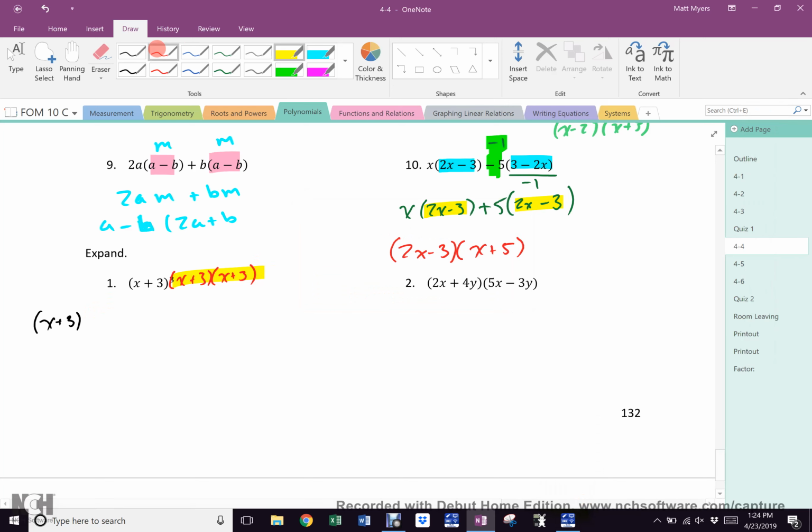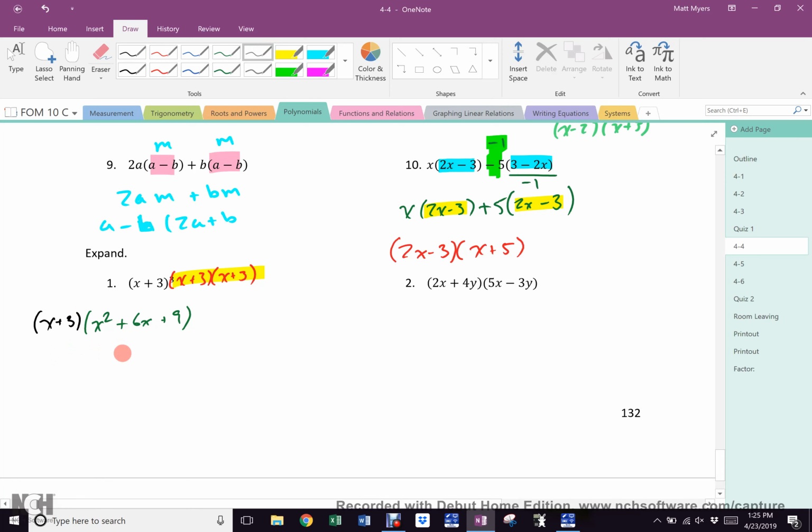So we know that it's going to be x squared plus 6x plus 9. Now, I got to distribute here. How many distributions must I do? I must do 3 distributions with x, and then 3 distributions with 3, for a total of 6 distributions, yes?